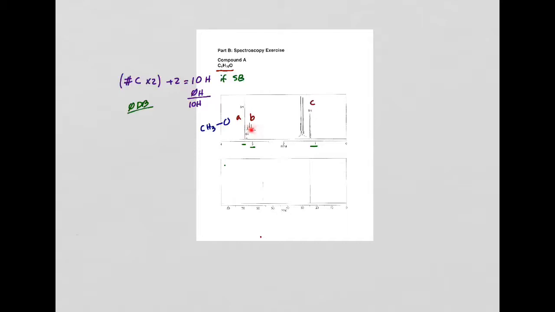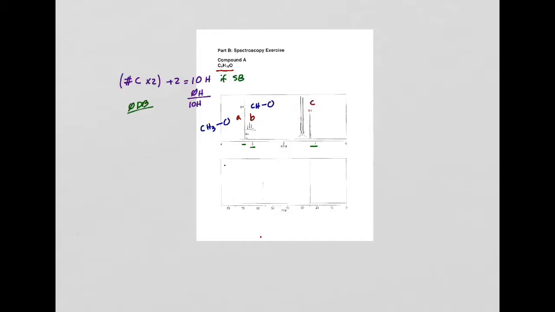Now we have this one, which has only 1 hydrogen, so this is a CH. And probably this is also attached to an oxygen because it's around the same ppm, about 3.4, 3.5 ppm. Then over here, I have 6 hydrogen.